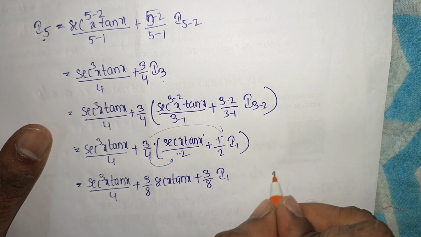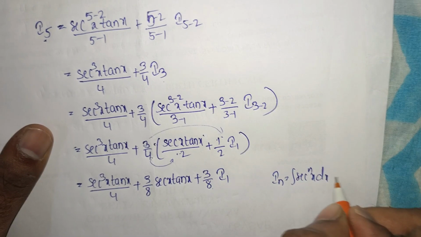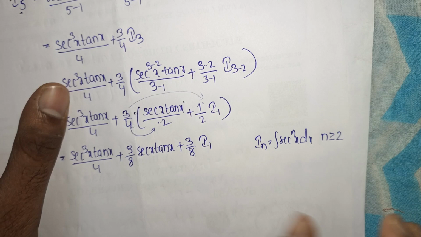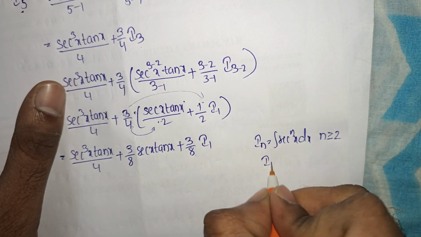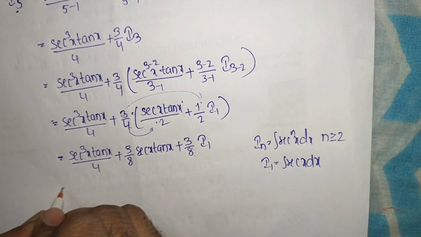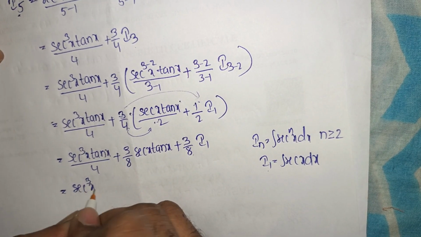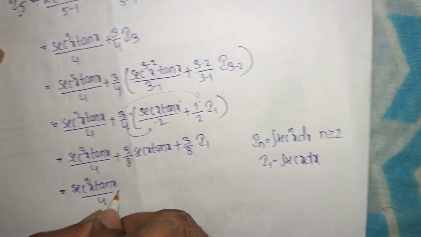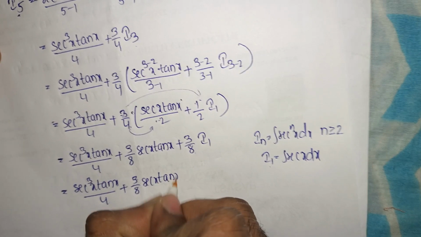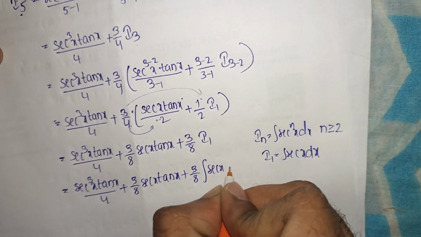So what is I1? I have told you, if I_n is the integral of secant to the power of n x dx, the evaluation formula is only for n greater than or equal to 2, but here it's 1, so we have to directly substitute. I1 is equal to the integration of secant x. So what we get is secant cube x tan x by 4 plus 3 by 8 secant x tan x plus 3 by 8 times the integration of secant x dx.